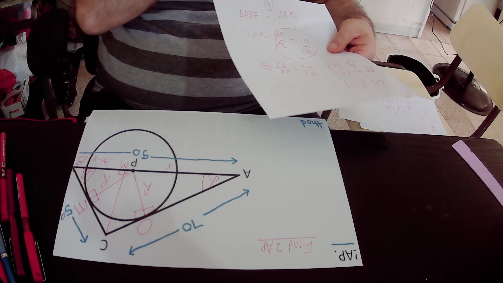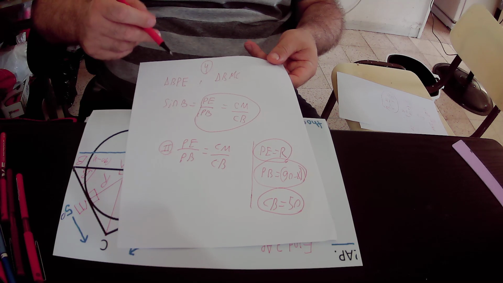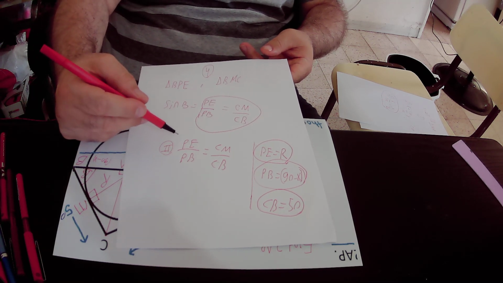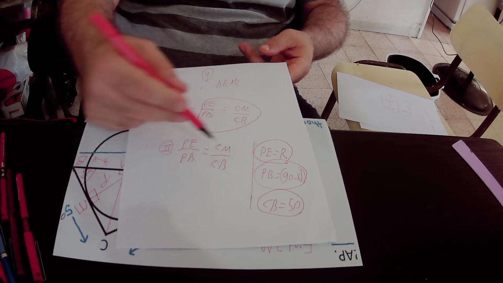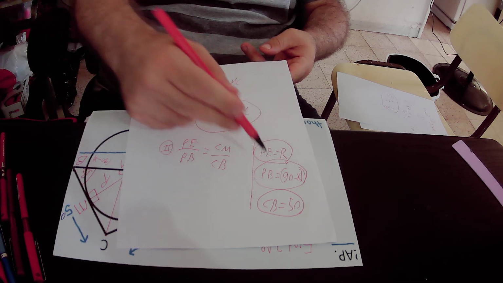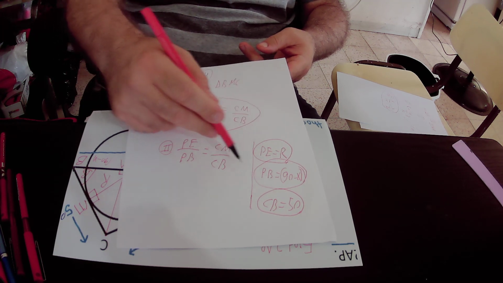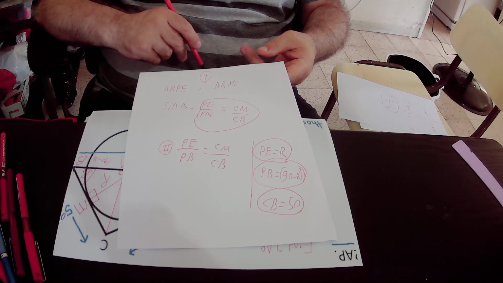As you can see in the second equation, we can substitute PE by R, PB by 90 minus x, and CB by 50. So we will do it now.